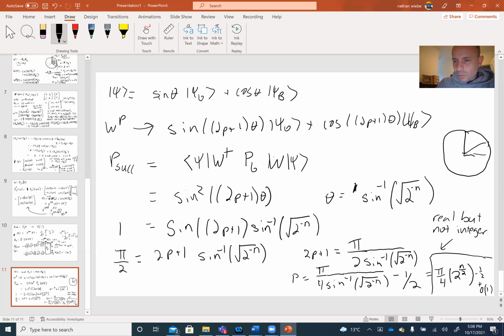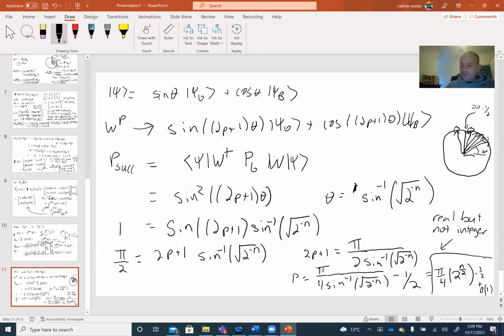And this vector is going to get rotated up as we apply this, and the probability will continue to increase. However, unless this number p happens to be exactly an integer, we're always going to run into the situation where we have to deal with either under-rotating or over-rotating, because the exact number of rotations might not be an integer. It might be like 20 minus 1/2. And so this actually prevents us from getting 100% success probability.